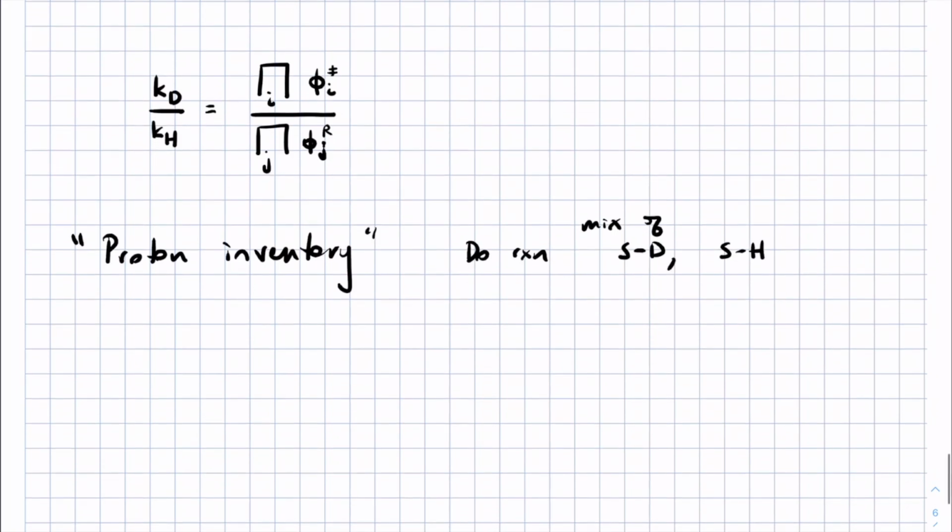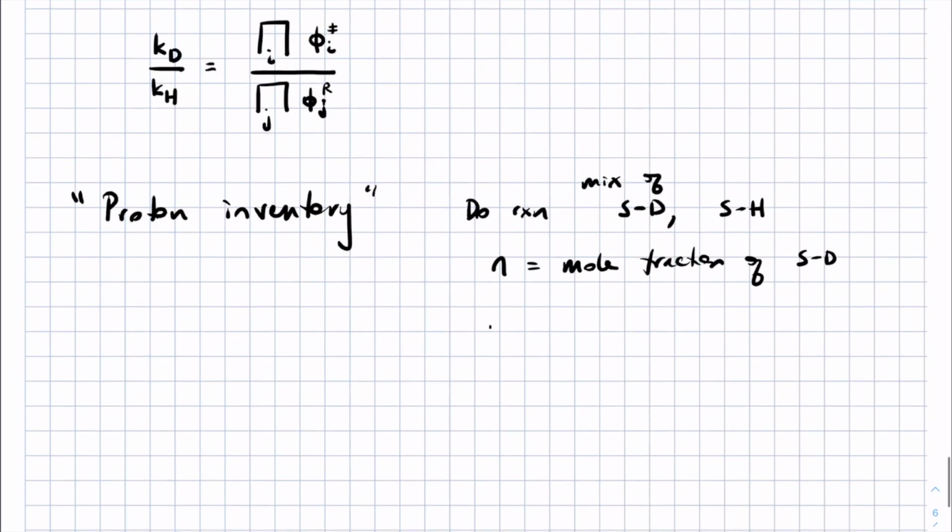Okay, and we're going to define n as the mole fraction of deuterium, or in other words, n equals SD divided by SD plus SH.